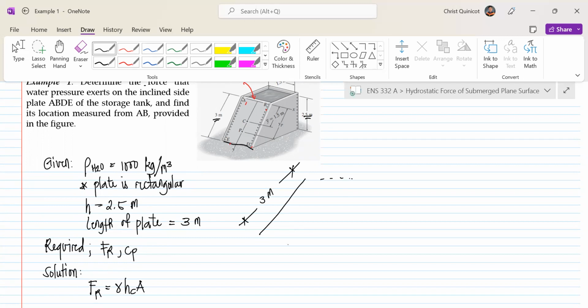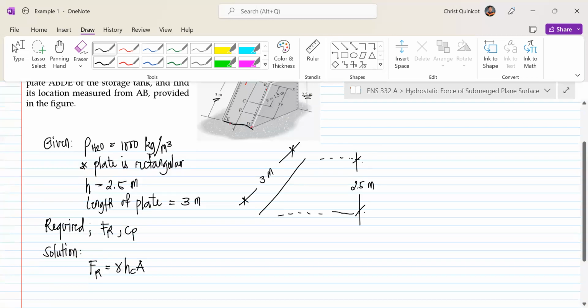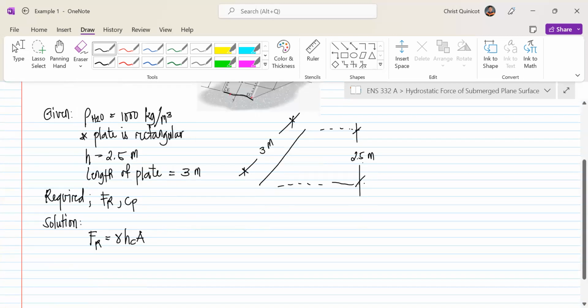And this would be the column of our fluid, right? And that is equal to 2.5 meters. So therefore, our H sub C should be 1/2 of the total height of our column of fluid, measured from above. That is 2.5 divided by 2, that is 1.25 meters.